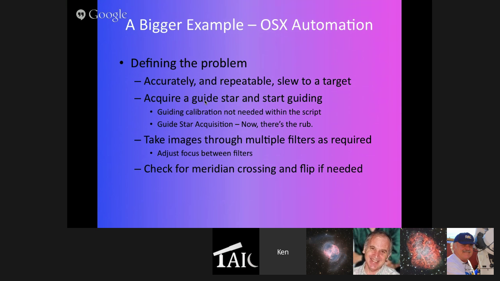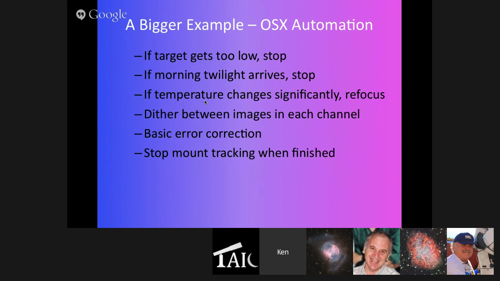The guide star acquisition, now that's a rough thing that you have to do. I needed it to be able to handle filters, and I needed it to be able to do offsets between the filters. And if I hit the meridian, I wanted to flip it. If the target got low, I wanted it to stop. I didn't want it to keep imaging in the light.